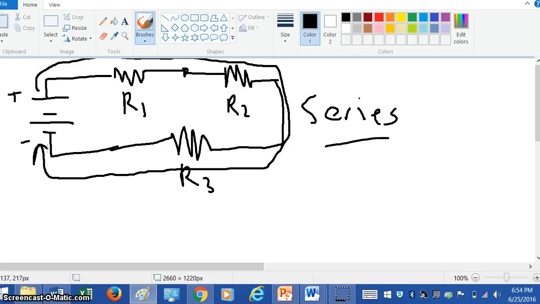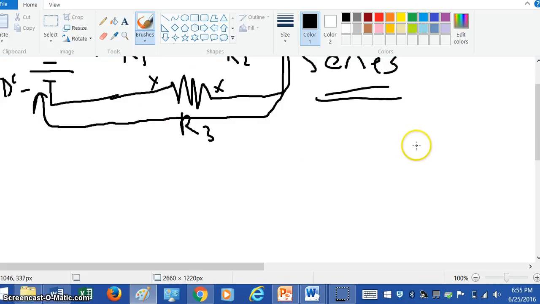This is, of course, DC. Then whatever current comes in this side has to go out that side, and whatever current comes in this side of this electrical device has to go out that side. There's no other path for current to travel, and that's why we call this a series circuit.